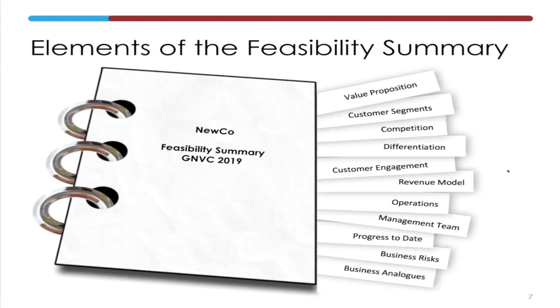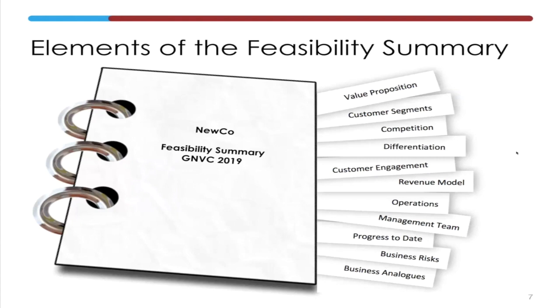We do not expect that you will have developed detailed financials and financial projections and financial statements for your business at this stage necessarily. So while they can go into the feasibility summary, they're not required. We'll look at economic elements of your business in these various sections, but this is much more of an overview.